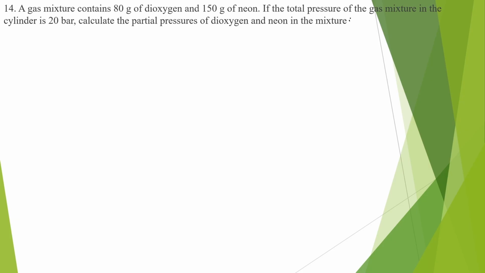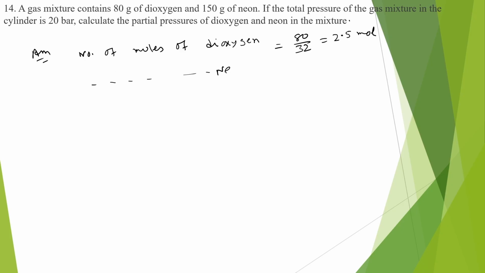Okay, so we start with number of moles of dioxygen, which is 80 by 32, is 2.5 moles, and number of moles of neon is 150 gram by 20, which is 7.5 moles.